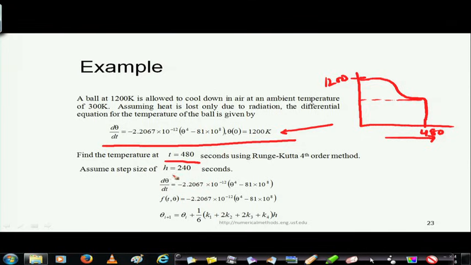Assuming a step size h of 240, half of this, d theta dt you can compute here. My formula will be theta_{i+1} is theta_i plus k1 plus 2 k2 plus 2 k3 plus k4 divided by 6 times h, that is the Runge-Kutta formula, RK formula.